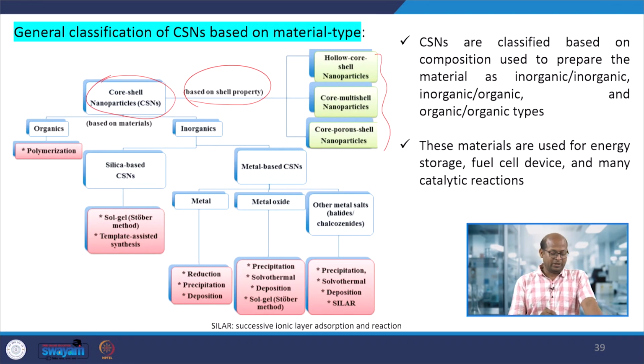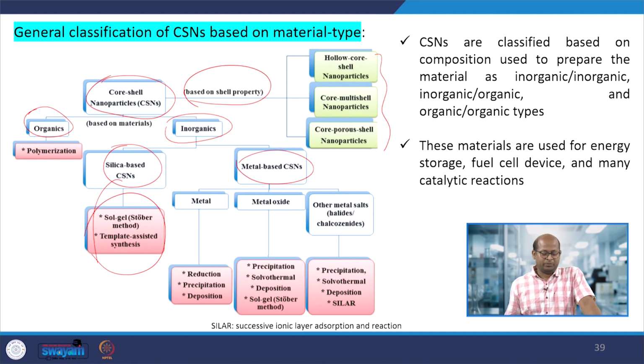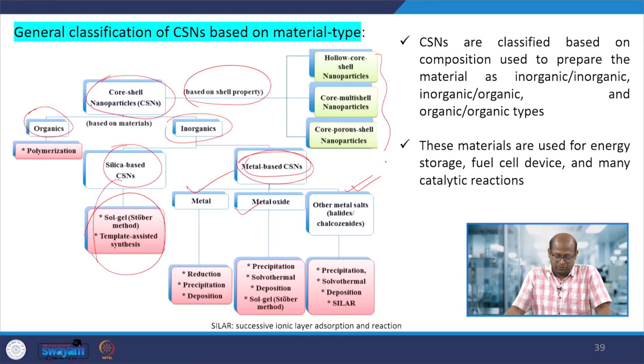We can also classify them as organic based or inorganic based, silica based or metal based nanoparticles. If it is silica based, then we can prepare the core shell nanoparticle by silica gels or template assisted methods. If it is metal based, then we can use metals, metal oxides or other metal salts, halides or chalcogenides.